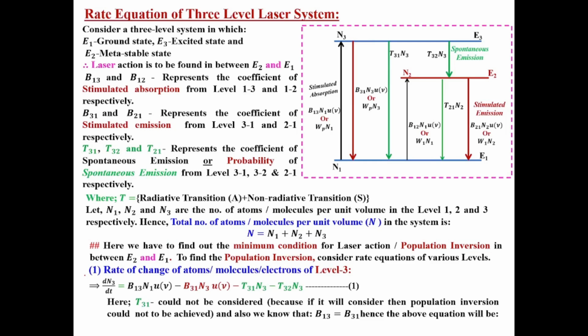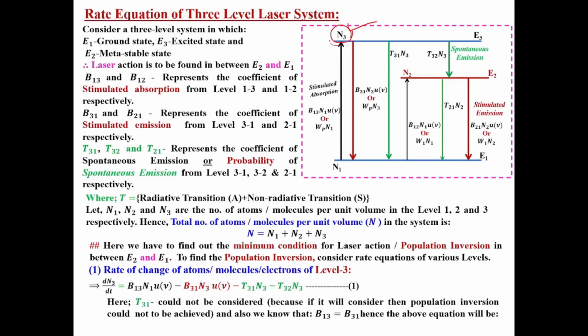First we are going to analyze the rate of change of atoms or molecules of level 3, or the rate equation of level 3. Level 3 means this one. Here N3 represents, at a particular time, the concentration of atoms and molecules of level 3.